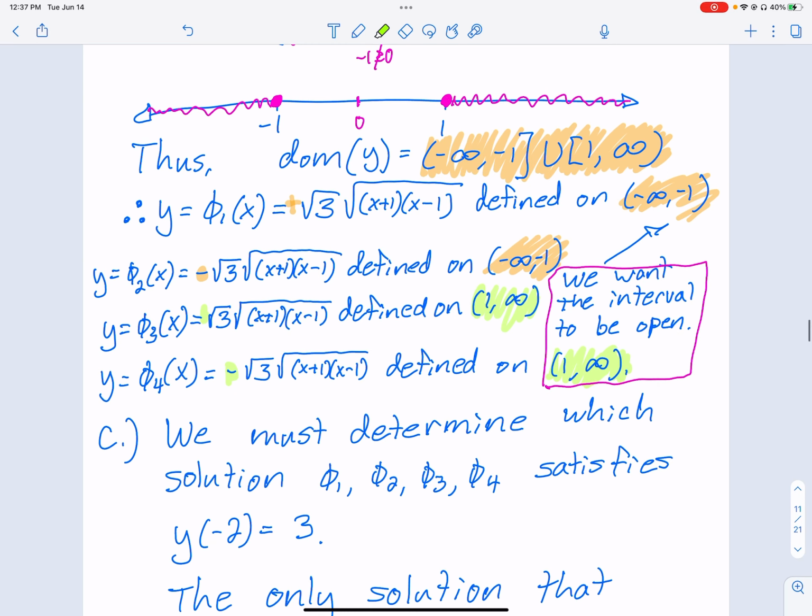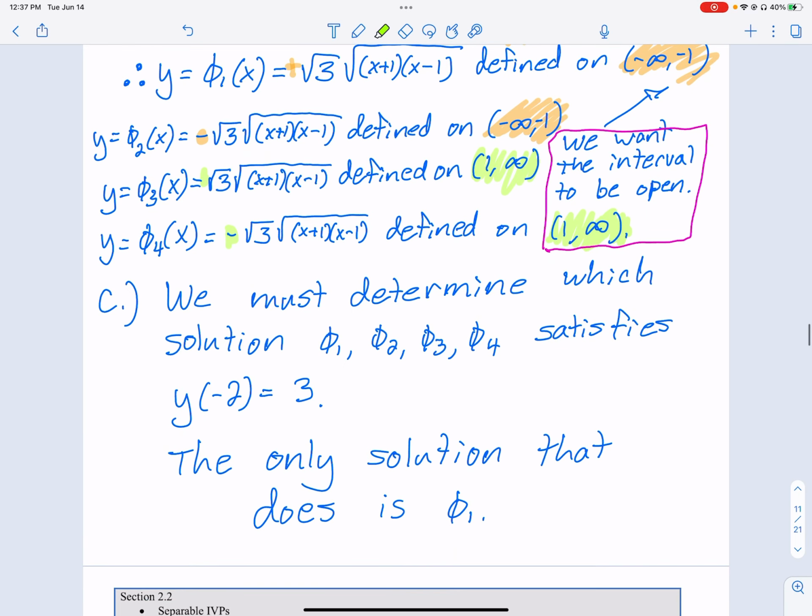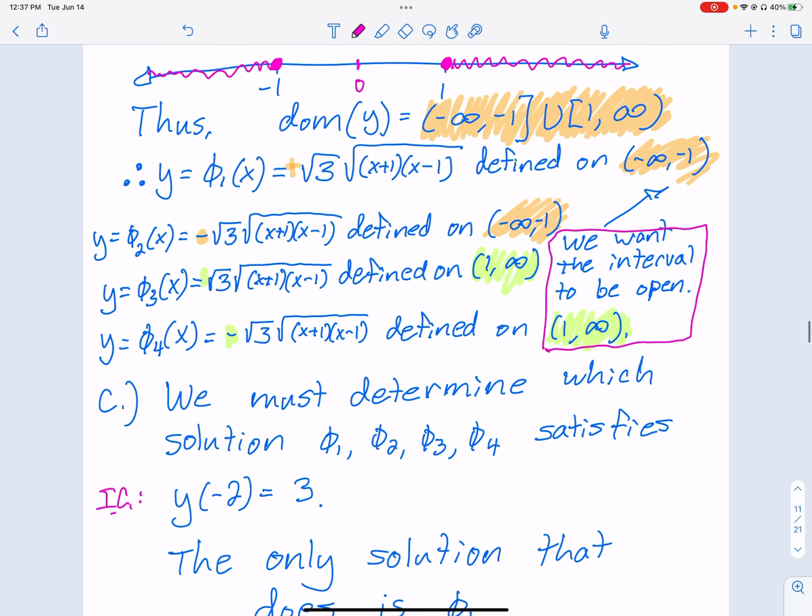So C says we want to determine which one would satisfy an IVP if we had the same problem and we had the initial condition y of -2 is 3. Well, this is x and y, and all our intervals are based on x. So I just have to find an interval that has -2.